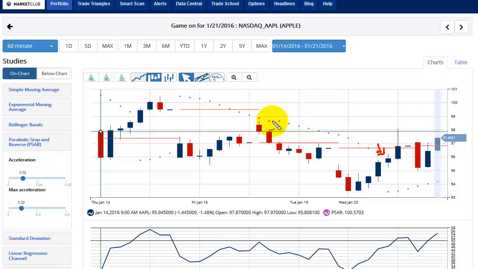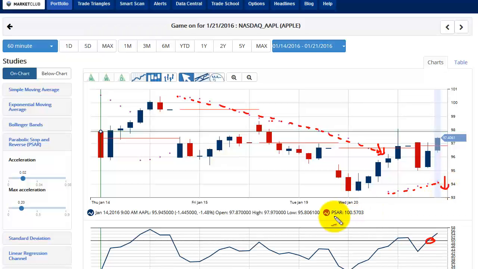These little dots right here are all parabolic, and you see the market basically has stayed under that line pretty much all the time. It just popped over there today, and it also popped over the 50 line right here on the RSI, which is the other indicator. Now all of the parabolic is now down here, so you could actually get back in if the market were to come down and go below this parabolic. That would be an indication the trend was still going down.